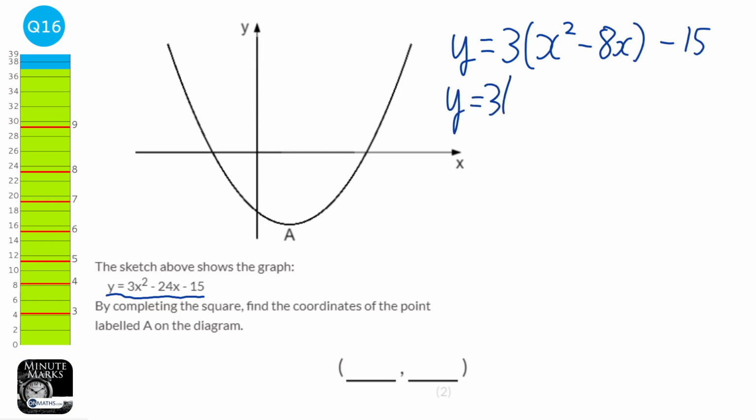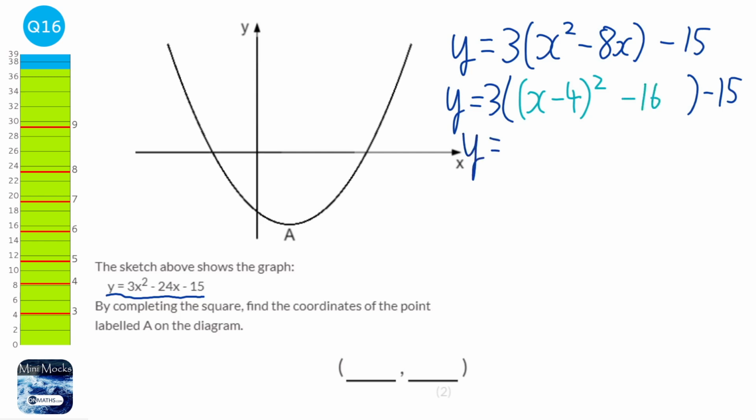Next, I'm going to complete the square, so I'm going to do this in a different colour just so we can see what's happening. And to do this, we have a bracket with an x minus half of the coefficient of the x, so that'd be 4 squared. Now if we expand that, we get x squared, minus 8x, and then we have a plus 16, so we need to remove the 16, so we're going to take away the 16.